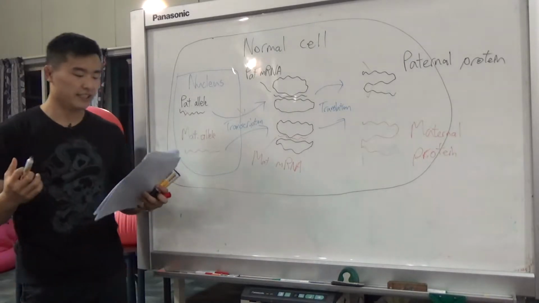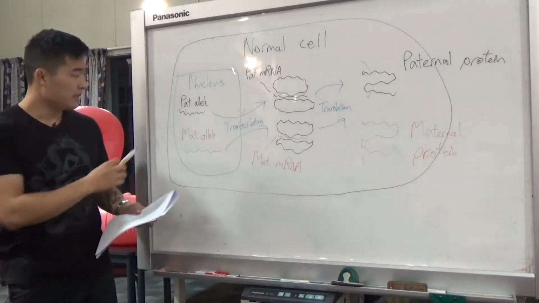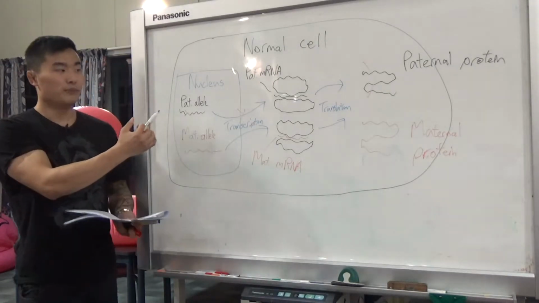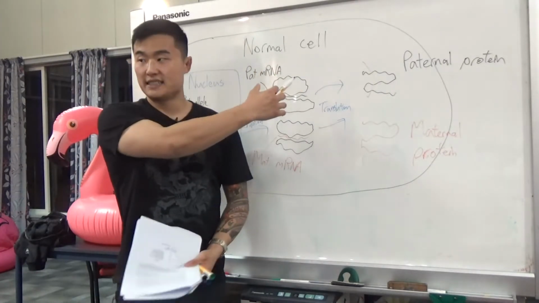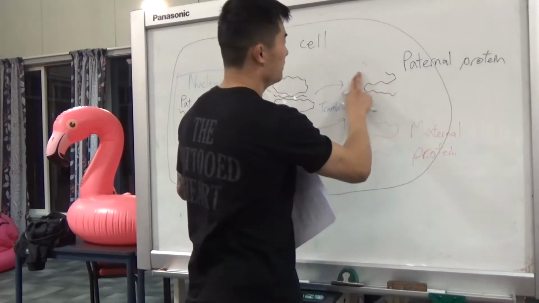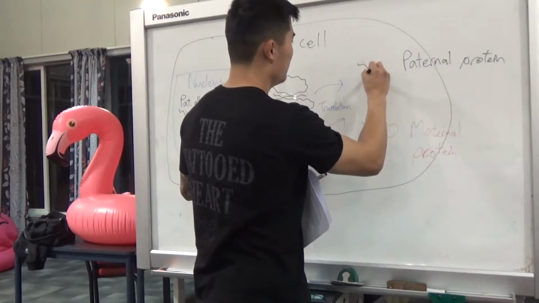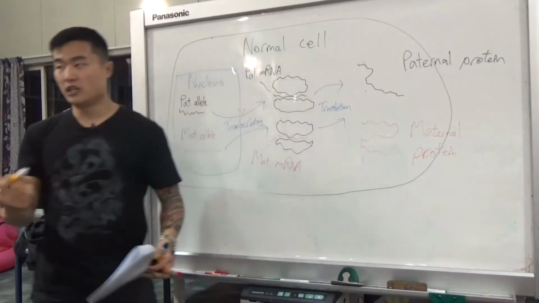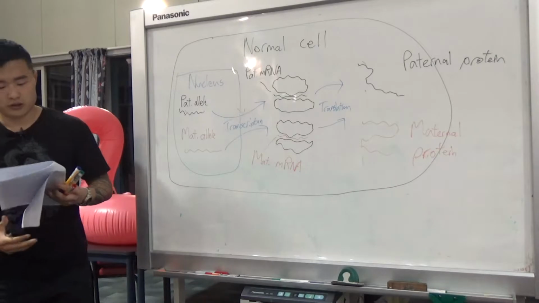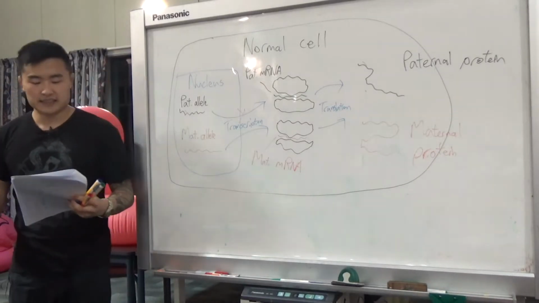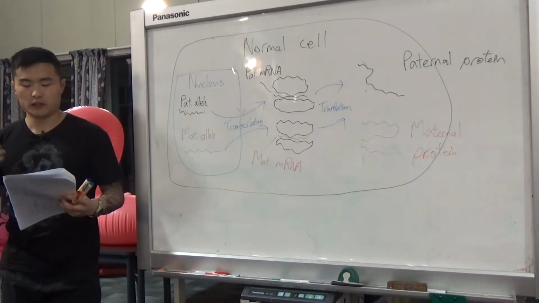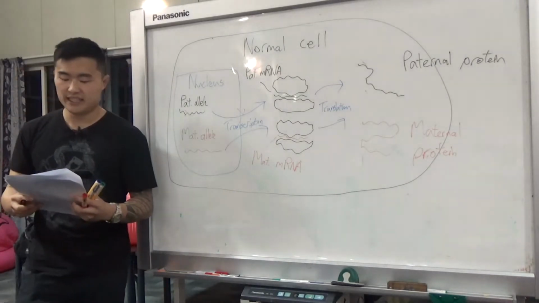Or you could have a mutation in the DNA that doesn't affect the transcription, but maybe it changes the amino acid sequence, and so then your protein becomes abnormally folded, so then it's non-functional. Okay, so in either case, you've lost that function, so it's a loss of function mutation.